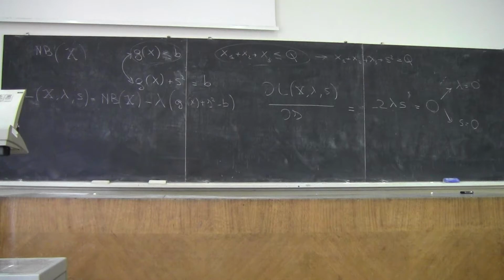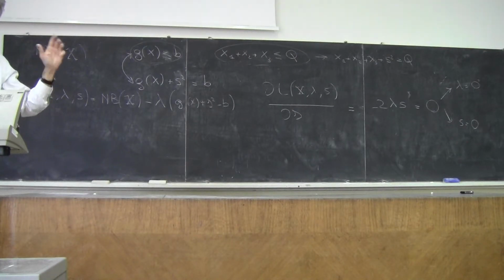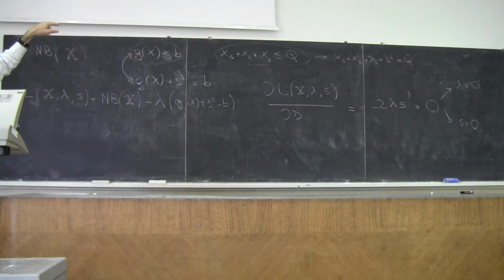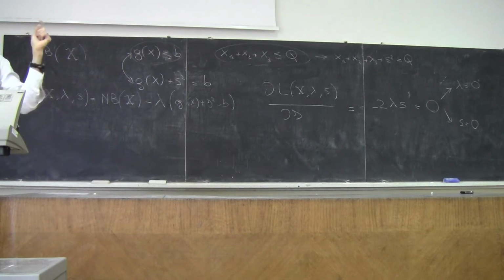So you may ask me, from a practical point of view, what should I do? And my answer is, you have to solve the problem twice. First, use the equality constraint and find a solution, or the solutions. Second, remove the constraint and again find the solutions.